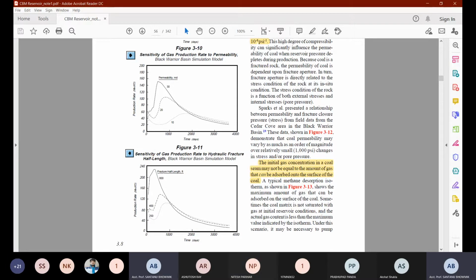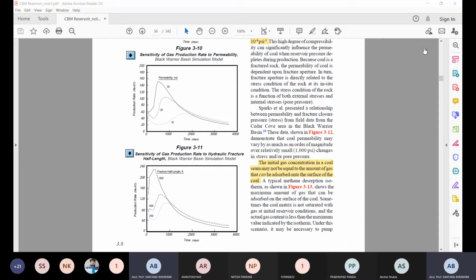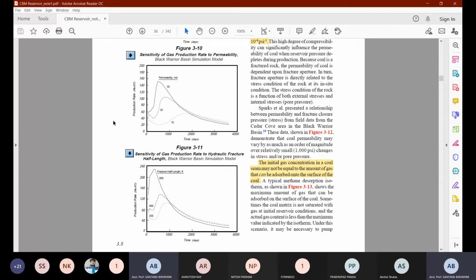Yes, sir. Okay. So as you know, the hydraulic fracturing process is carried out in the underground borehole, and obviously this is a fresh fracture which is going to be created by the water, and there are certain assumptions.